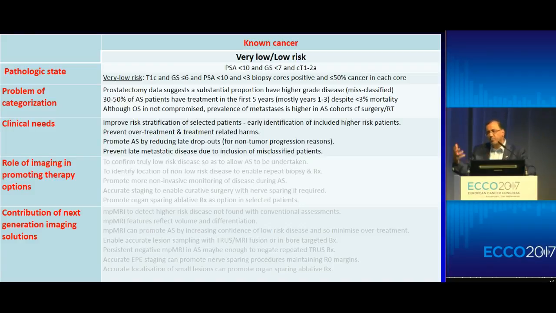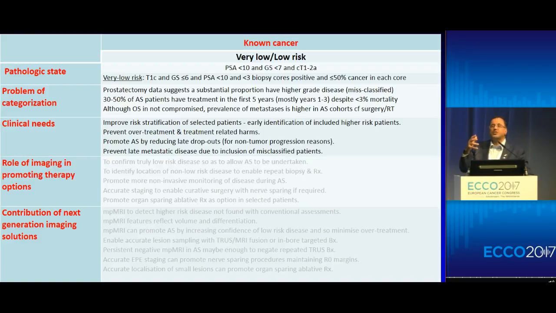One problem is that about 30 to 50% of patients are misclassified. Another problem is that about 30 to 50% of these patients get active treatment in the first 5 years, whereas the mortality of these patients is probably about 3% over 10 to 15 years. So you can see that this is a challenge.